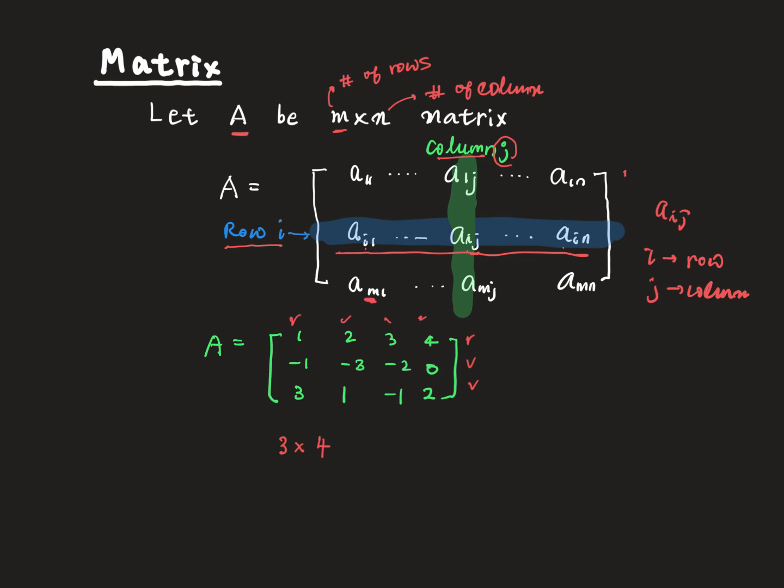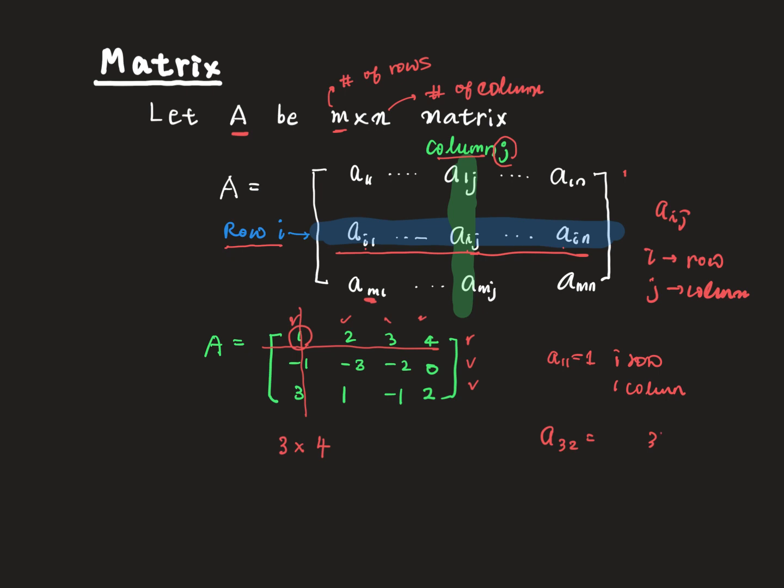So let's find entries in the matrix. Let's start with A11. What does it mean? First row, first column. That represents 1. Everything makes sense? Let's go to another one, A32.